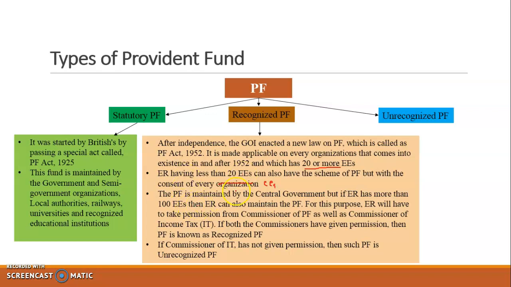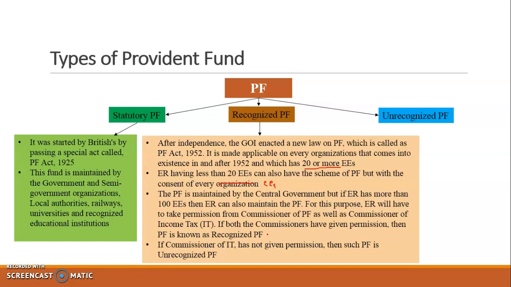So the PF is maintained by the central government, but if the employer has more than 100 employees, then the employer can also maintain the Provident Fund, but for this purpose the employer will have to take permission from the Commissioner of Provident Fund as well as the Commissioner of Income Tax. And if both the Commissioners have given the permission, then the PF is known as recognized PF.